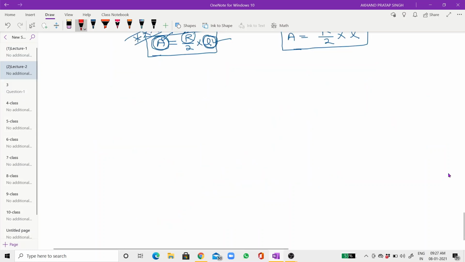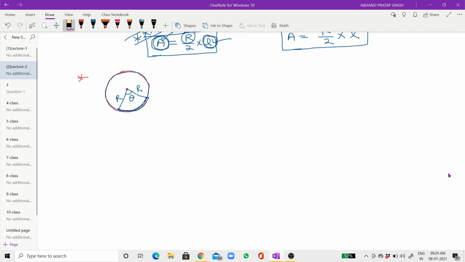Now the next concept is, suppose the area is equal to pi r square, and if you divide on both sides by pi r square, then this will be cancelled.